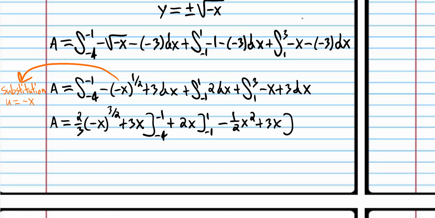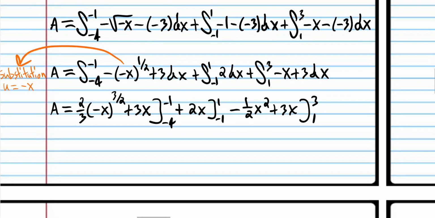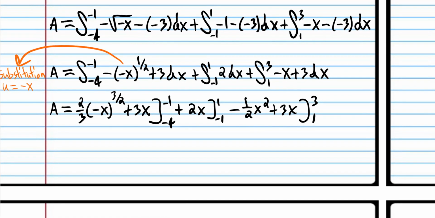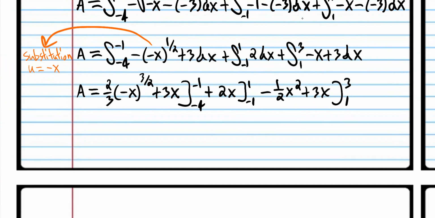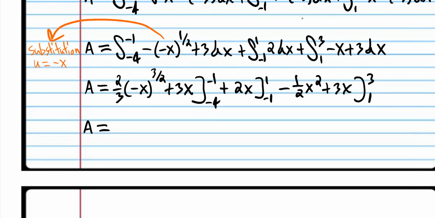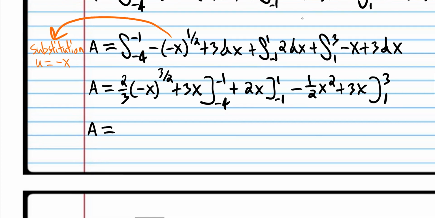And then 3x going from 1 to 3. Okay. So remember, you have to make this the square root of negative x squared.